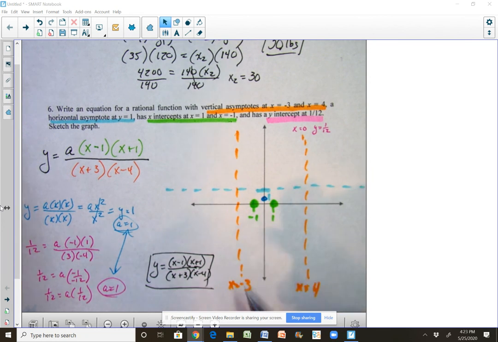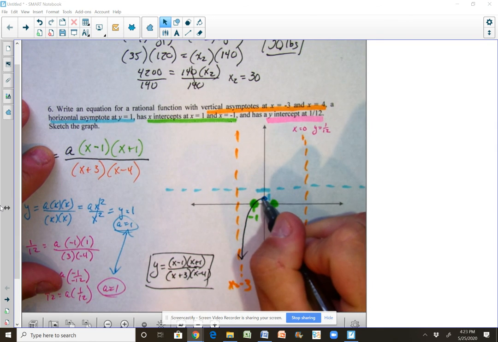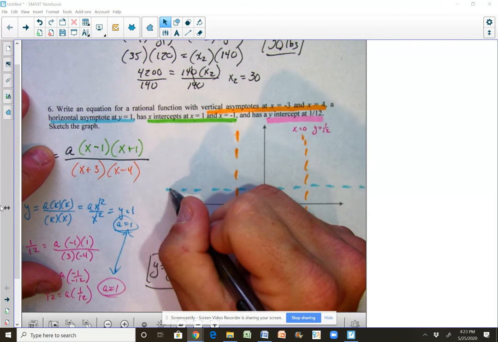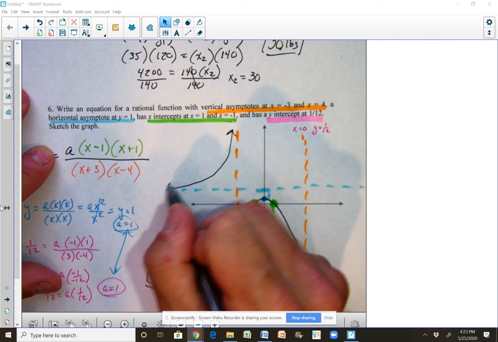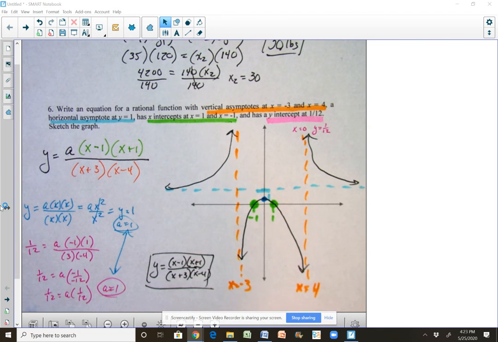It's very tight right there. And so my picture, if you were to graph it out, would kind of look like this. It's going to bend down towards that x-intercept. It's going to go through this x-intercept. It's going to bend down towards that vertical asymptote. And then up here, you're not going to have any x-intercepts. It's going to exist entirely above the horizontal asymptote at both ends. So your picture would look like that. It would verify all this information as you go through, but that would be your final equation for that one.